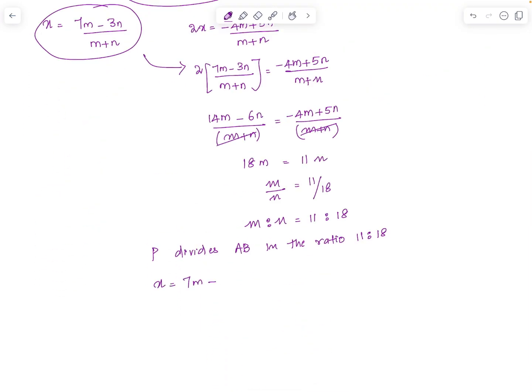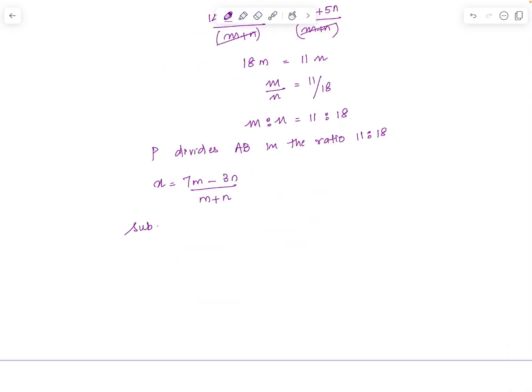x is (7m minus 3n) upon (m plus n). Substituting m equal to 11 and n equal to 18 in this, we get x equal to (7 times 11 minus 3 times 18) upon (11 plus 18), which is 23 upon 29.